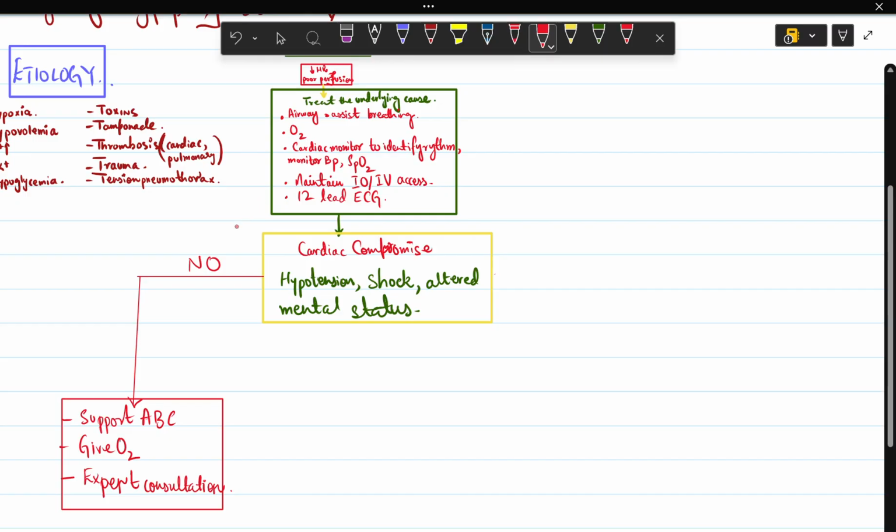Okay, so for example, if it subsided for a while, doesn't really mean necessarily that it has completely been gotten rid of. Okay, so then it's better to get a cardiac review. If it still persists, then what would you do? What's your role as a pediatrician?